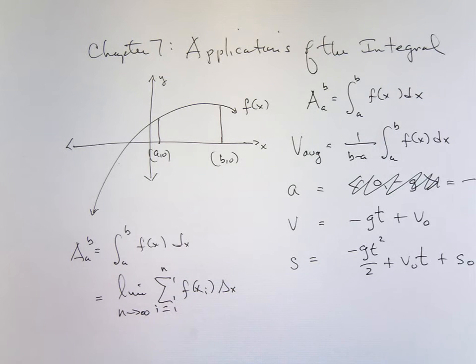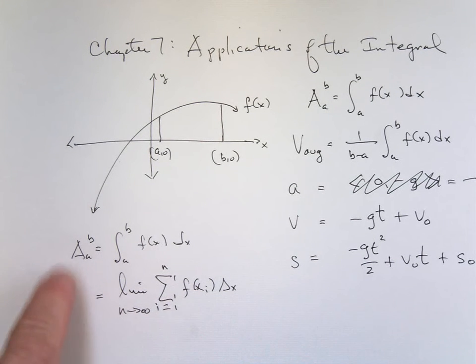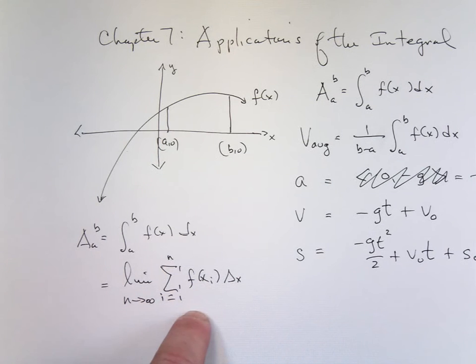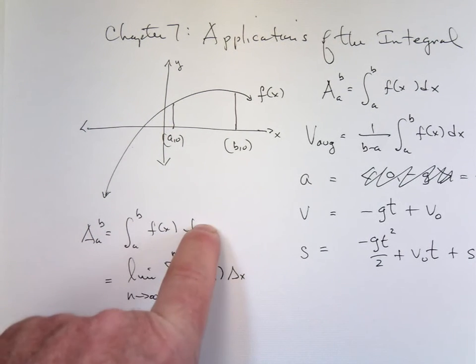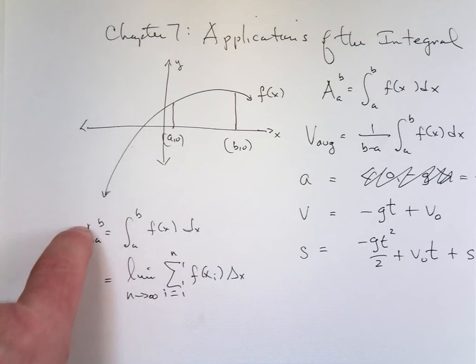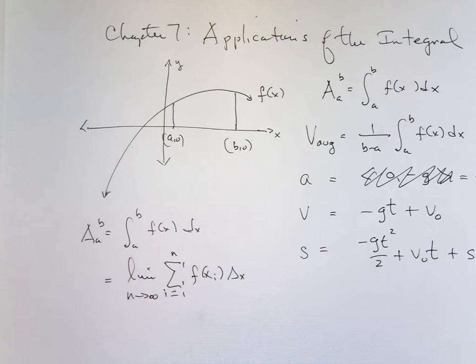When we take the limit as the number of rectangles goes to infinity, that limit is the area under the curve, and that limit is the integral. Okay? The area under the curve, the integral, and this limit are all equal to each other. And we're going to use that in this chapter.